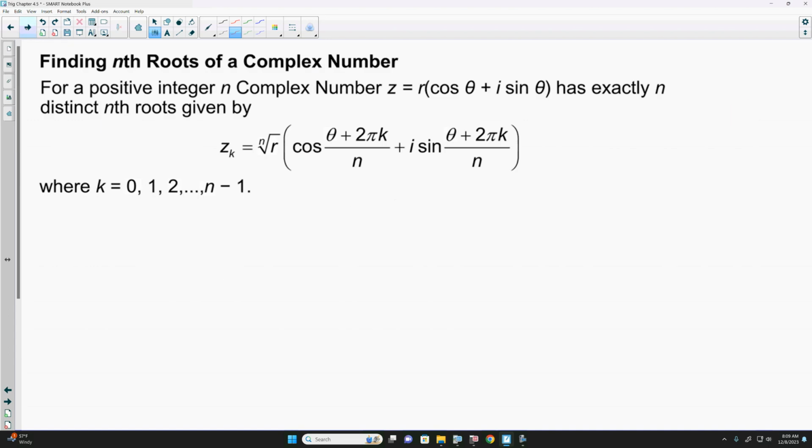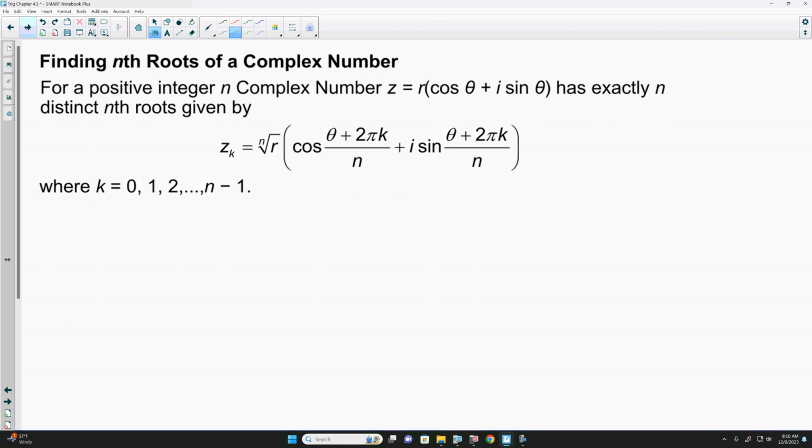Now, this here is the other one that's kind of cool. For a positive integer n, a complex number z equals r cosine theta plus i sine theta has exactly n distinct nth roots given by this equation here. Normally we deal with it in 2 pi, or this is radians. I don't know why I was about to say radians.